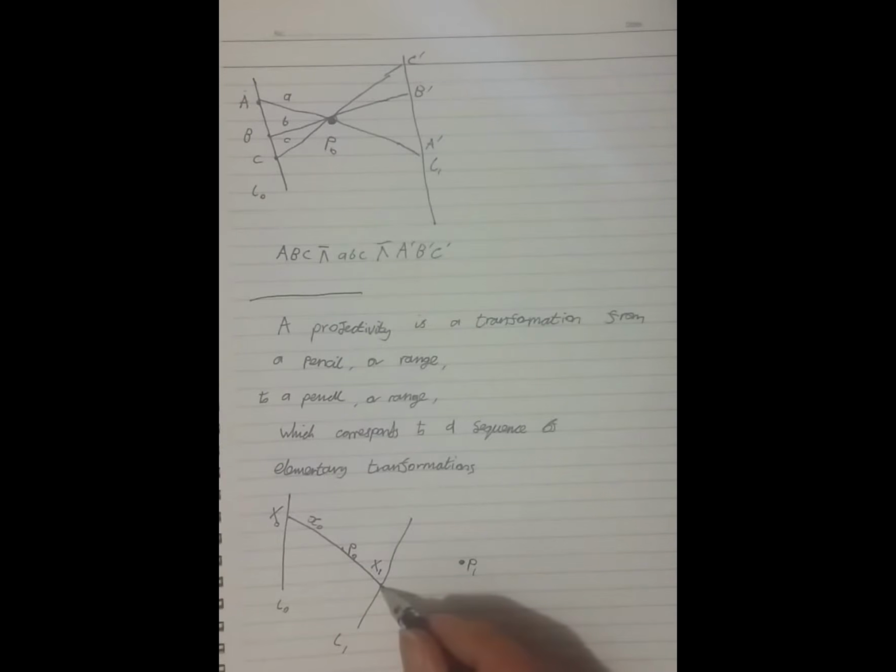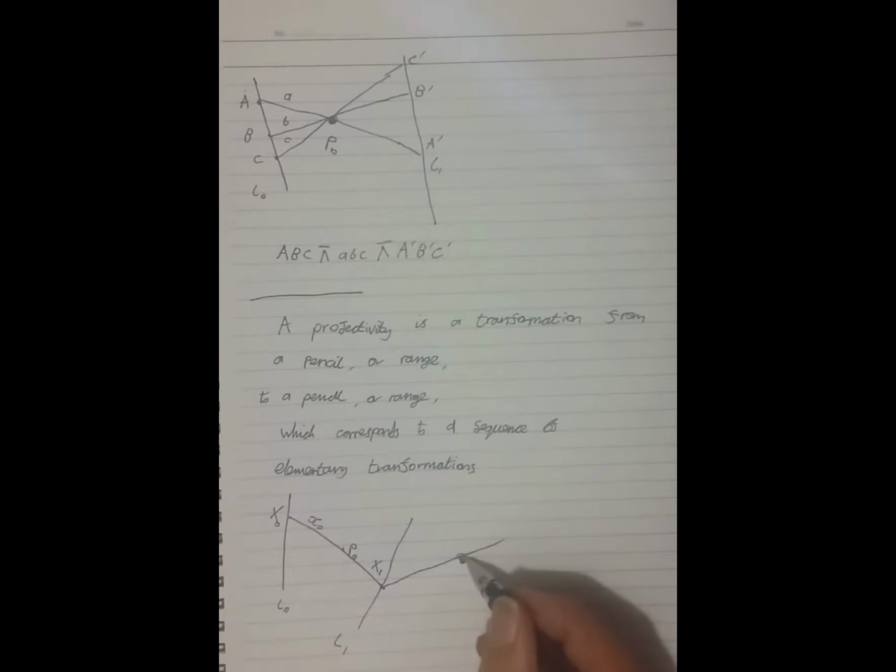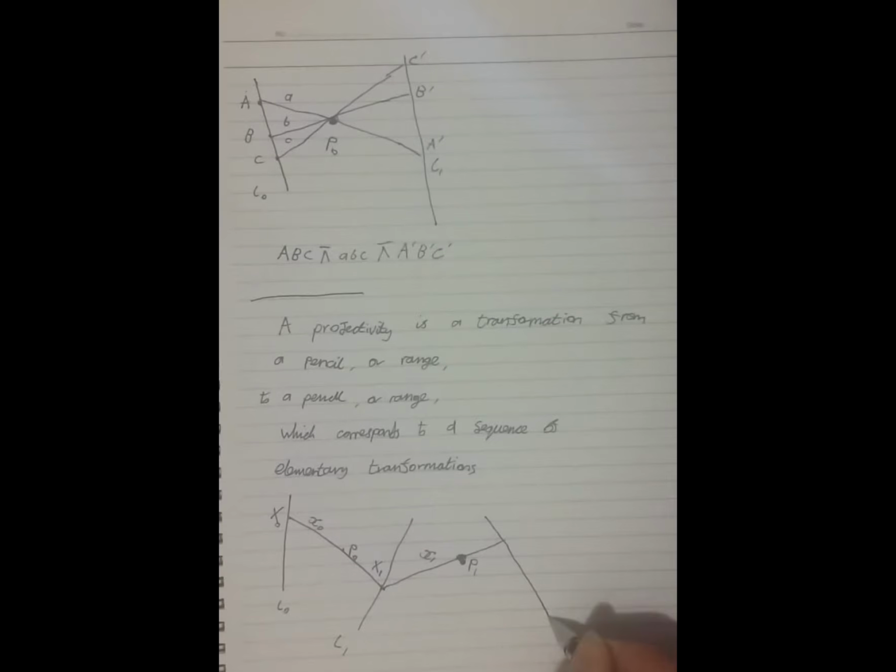And again, we can lift this point off the range onto a pencil. So now capital X1 is corresponding with little x1, and so on and so forth. So we can keep going.